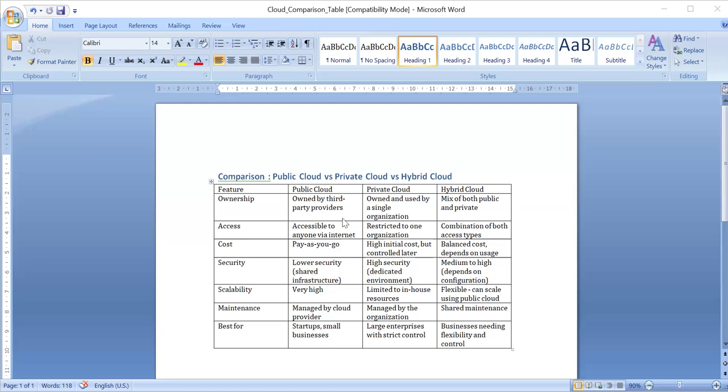That is called cloud computing. There are three types of cloud computing deployment models, called deployment models. They are private cloud, public cloud, and hybrid cloud.